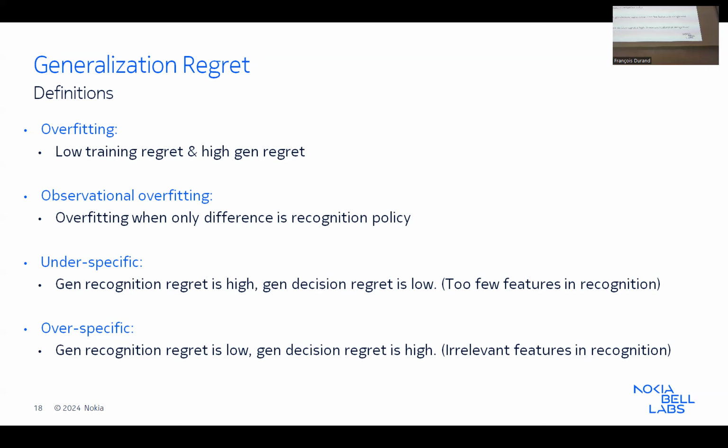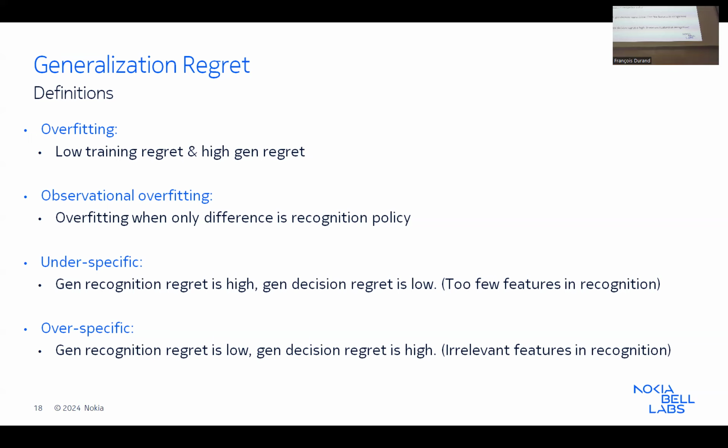The first version of regret I described was just in a single environment. That basically says in that environment, how much do we lose by taking suboptimal decisions? This is about the difference between taking the right decisions in a training environment versus taking the right decisions in the test environment. So if we've got a low training regret, we can train well, but it doesn't move over to another environment, then we say we've got low training regret, high generalization regret, so we're overfitting.